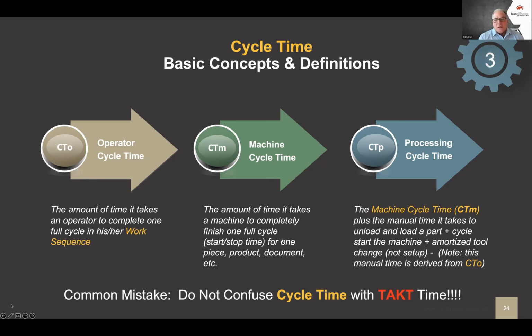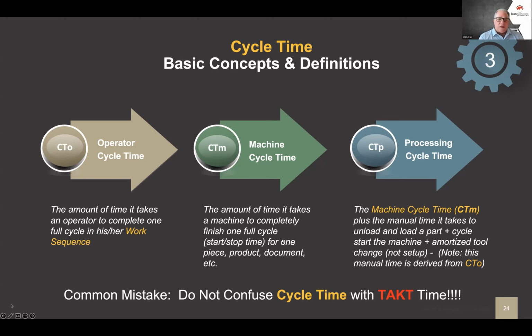So the cycle time of the operator, if you go back to the first part of standard work, we talked about this whole business about a work sequence. This is the amount of time it takes an operator to perform one complete cycle in his or her work sequence. Now remember, this is for one unit in a one-piece flow environment.